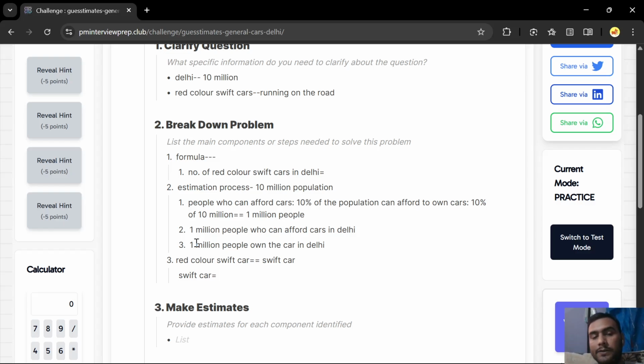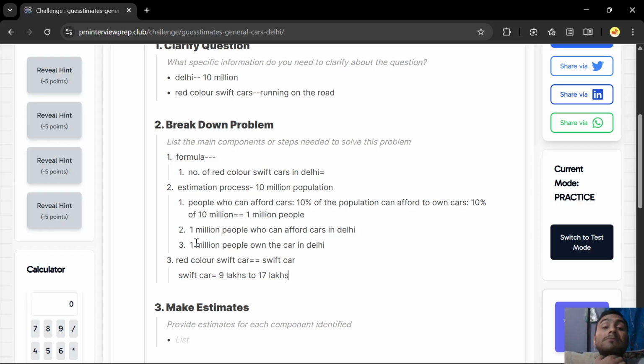Now how can I calculate this? Let us put the Swift car into a particular segment. The segment that I will consider is the price range of Swift car. It starts from 9 lakhs to 17. This is not actual, but I am considering this and we will take an average. Let's say 1 million people who own the car.